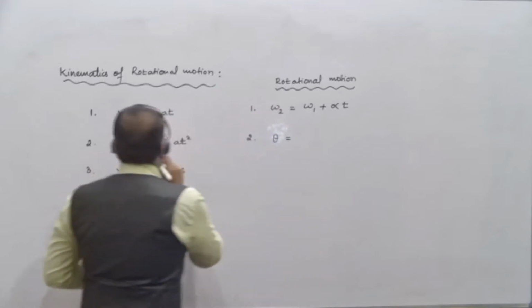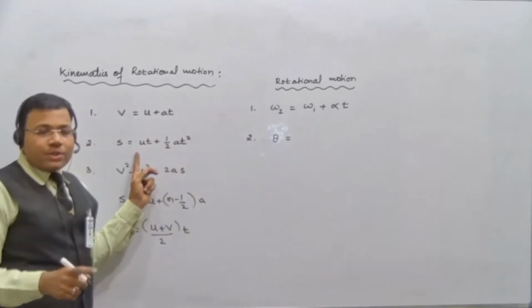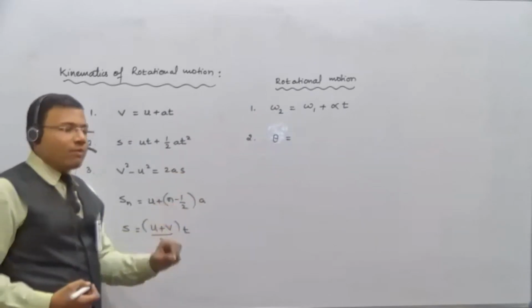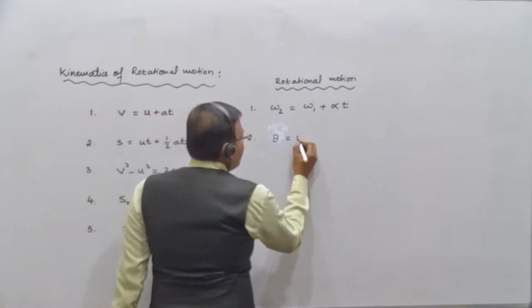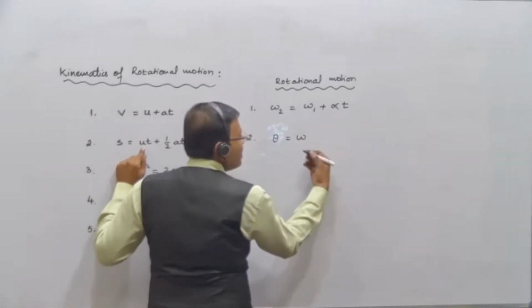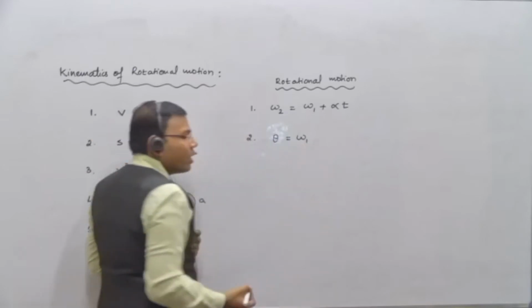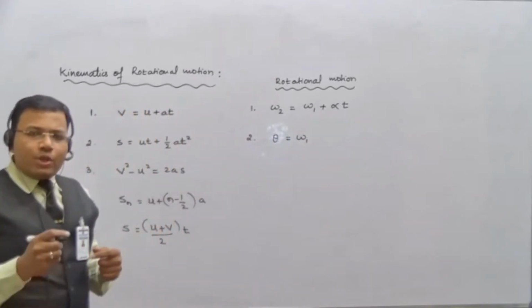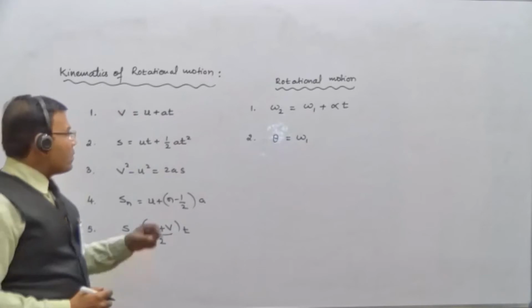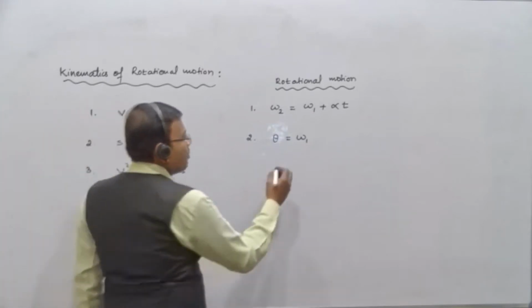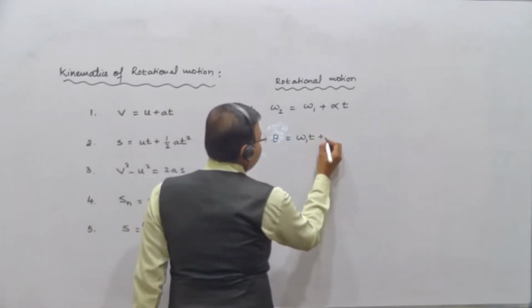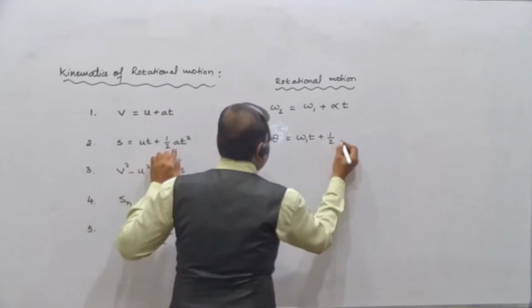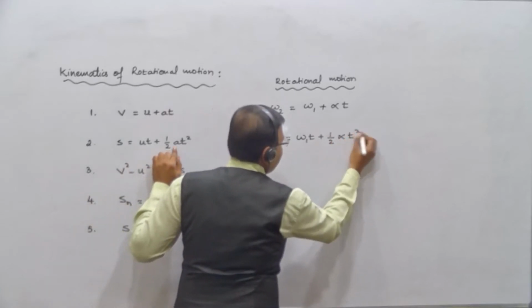Next, what is this u? u is the linear velocity that I can convert as the angular velocity. So that is initial velocity बेटा, तो हम just omega भी लिख सकते हैं. If you want to write omega 1, you can write omega 1 also. So this is ut, that is omega 1 t plus half, what is this? a is alpha, this is t square.